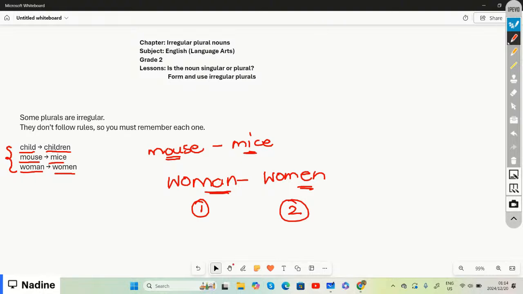Right? So we're going to look at a few more words that basically show our irregular plural nouns. And remember, when it comes to irregular plural nouns, the wording changes. We no longer just add an S to show that there's more than one of that word.